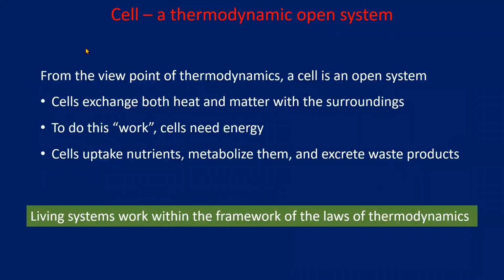So simplistically, you can think of this cell as a thermodynamic open system, and the cell can exchange both heat and matter with the surrounding, and with that it can do the work which is needed for the various processes, and also it requires energy, and with that energy it can uptake some nutrients, then it can metabolize them and create waste product, and whatever waste product is created can be excreted from the cell.